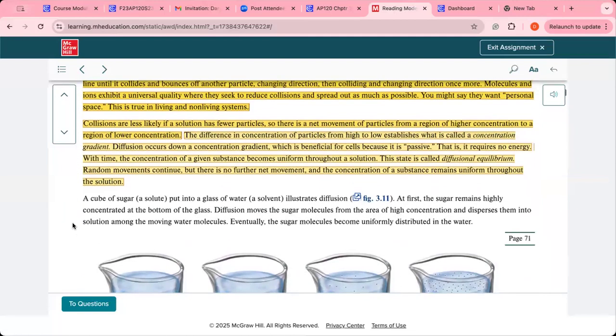A cube of sugar, a solute, put into a glass of water, a solvent, illustrates diffusion. At first, the sugar remains highly concentrated at the bottom of the glass. Diffusion moves the sugar molecules from the area of high concentration and disperses them into a solution among the moving water molecules. Eventually, the sugar molecules become uniformly distributed.